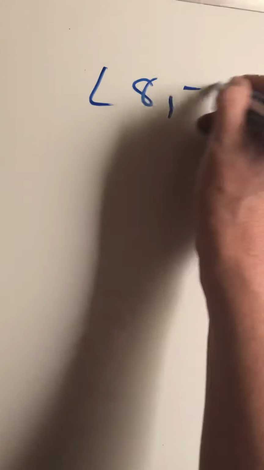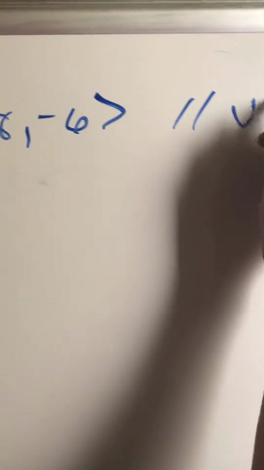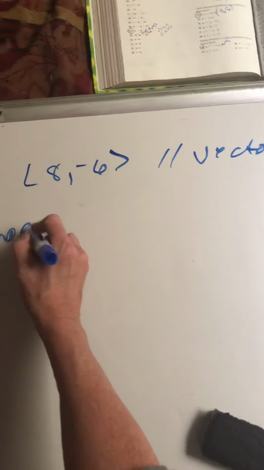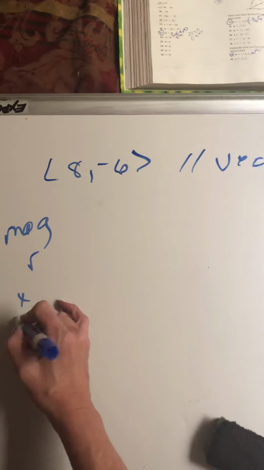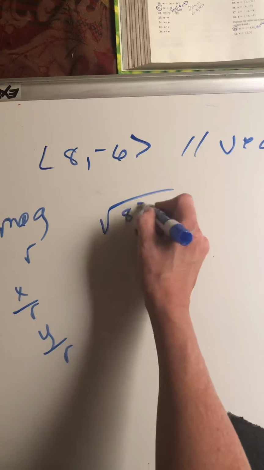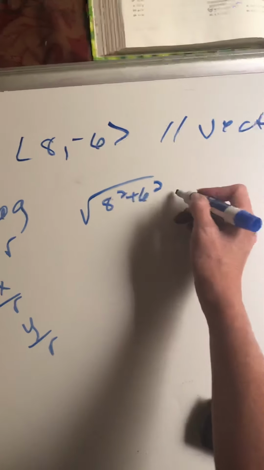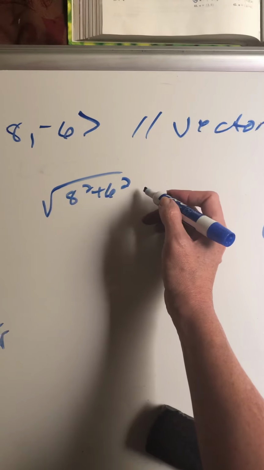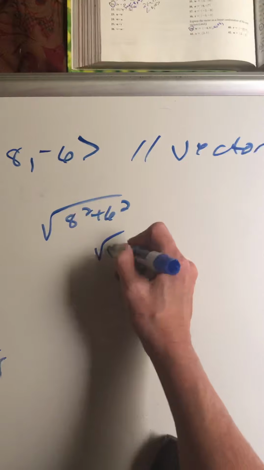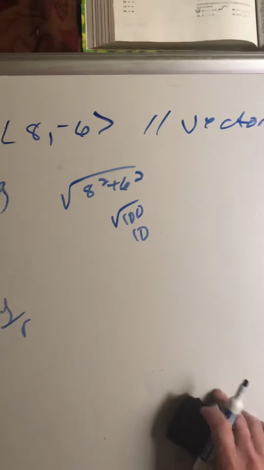There's another one like that. If you're asked for parallel vectors, so I've got 8, negative 6. This is a parallel vector, so it's what we just did. You've got to find the magnitude, which is r, and you're going to put x over r and y over r. So square root of 8 squared plus 6 squared, which is square root of 100, which is 10.